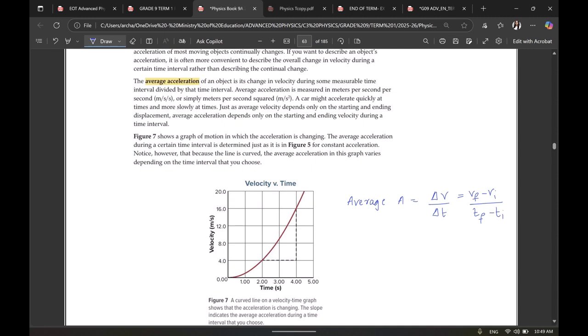So I can find the average acceleration for a particular amount of time, for example between 2 to 4 seconds. If you draw the slope over there, I can get the average acceleration.